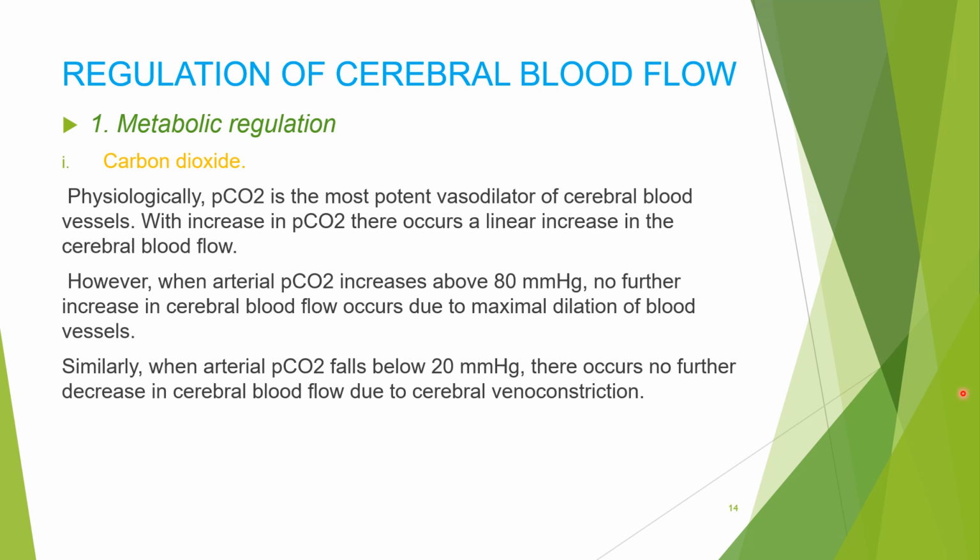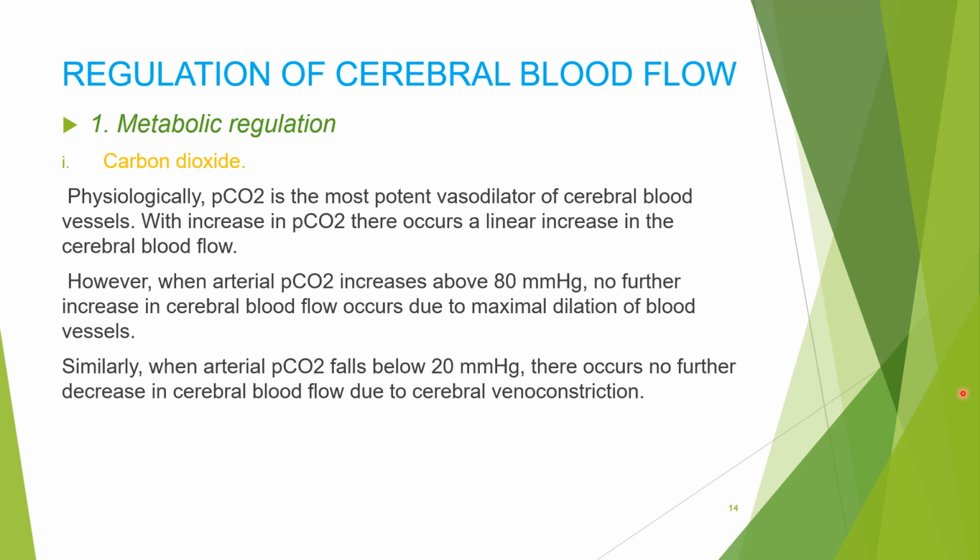And also it can be regulated by autoregulation, autoregulation of cerebral blood flow. And the third thing is the role of the intracranial pressure in the regulation of cerebral blood flow. In that we will discuss two things, Monro-Kellie doctrine and Cushing reflex. And the fourth one is the nervous regulation of the cerebral blood flow. Okay, so there are four regulations: metabolic, autoregulation, role of intracranial pressure, and nervous system regulation.